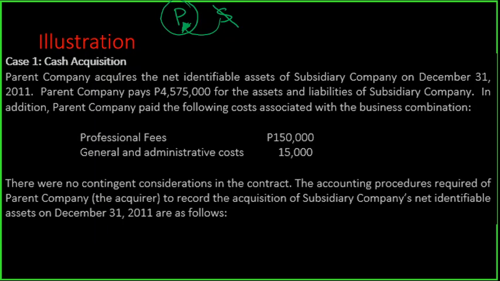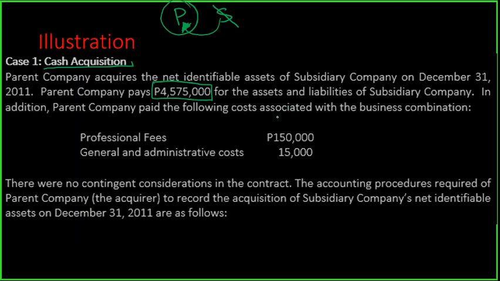So let's continue. In our first illustration, let's assume that there is a cash acquisition. The parent company acquires the net identifiable assets of the subsidiary company by paying 4,575,000 pesos in cash for assets and liabilities.